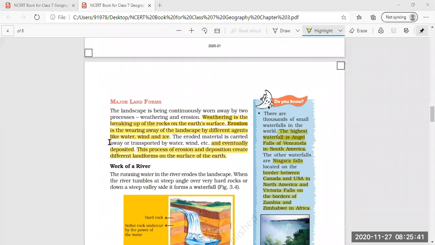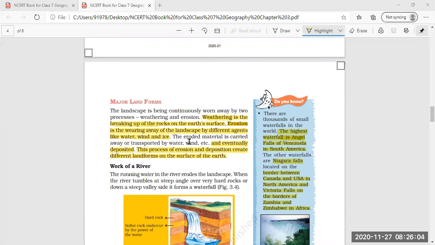And what is erosion? Erosion is wearing away of landscape by different agents like water, wind, and ice. Now, what is erosion? Erosion is the wearing away. Wearing away means disappearing or making thinner or smaller of the landscape. Landscape I have already given.